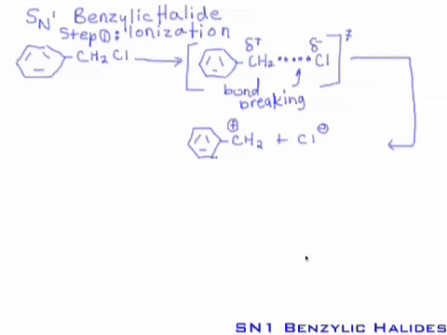Now what's interesting is just like the allylic, the pi electrons in the neighboring aromatic group can shift towards the positive. I can take these 2 pi electrons, move them there. If I do that, I begin to move the positive charge around the ring.